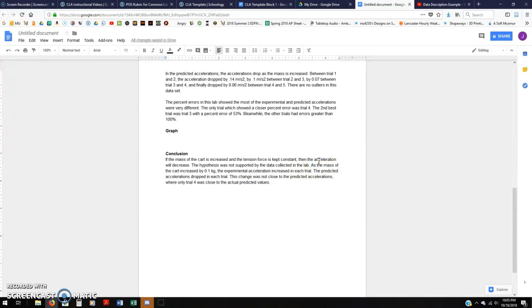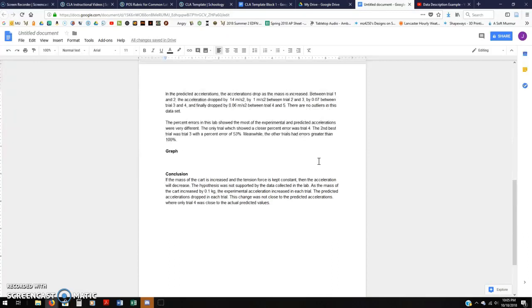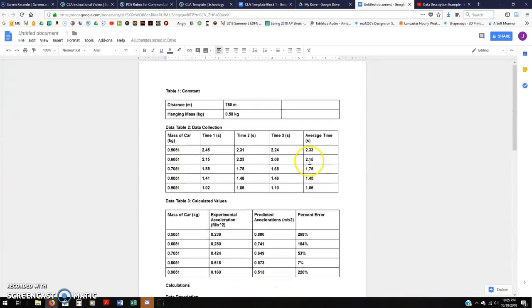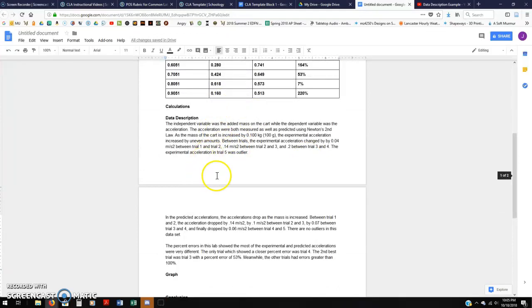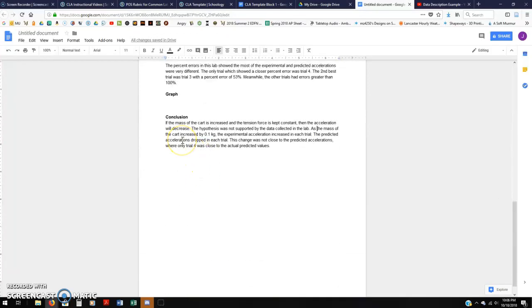As the mass of the cart increased by 0.1 kilogram, the experimental acceleration increased in each trial. The predicted accelerations dropped in each trial. This change was not close to the predicted accelerations, where only trial 4 was close to the actual predicted values. This is 4 to 5 sentences and would be acceptable as far as a conclusion goes. Once again, we don't have to make this super long, and that would work.